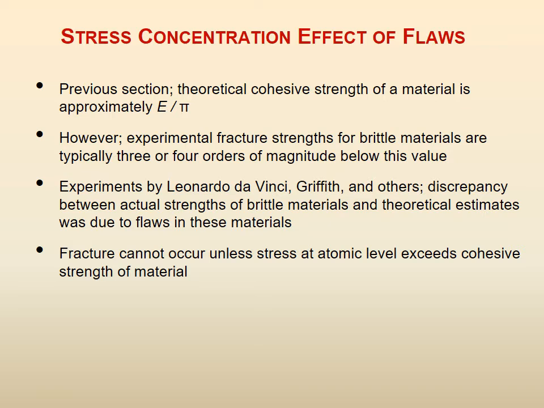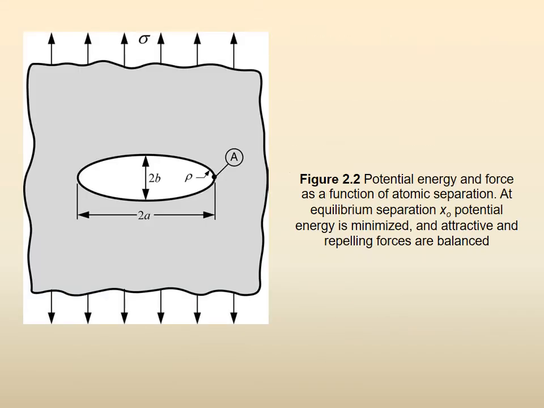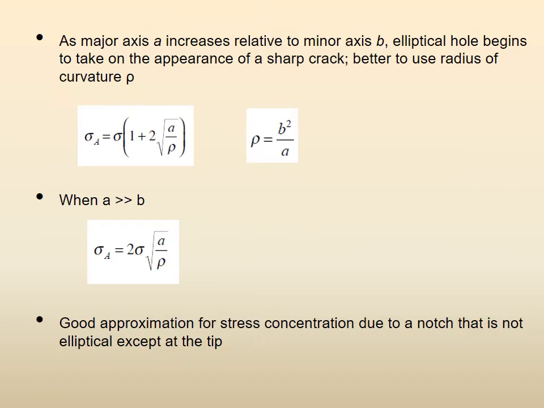Then we started talking of the stress concentration effect of flaws. You already know it from the introduction chapter, but now we are doing it in more detail. We introduced the geometry and the equation. This is the standard geometry that was used: an elliptical flaw in a plate which is roughly infinite in dimensions compared to the flaw.